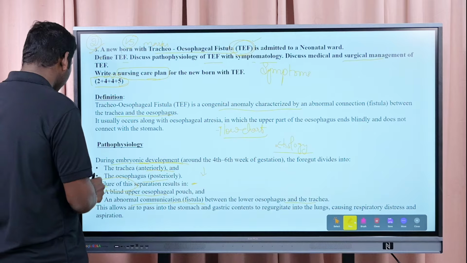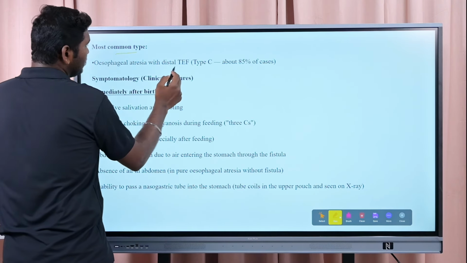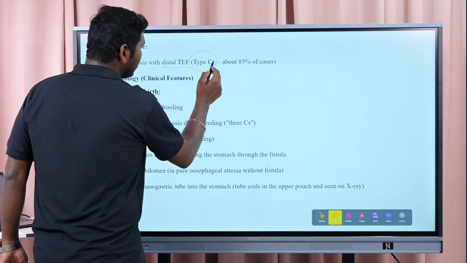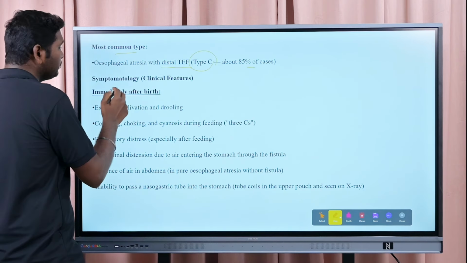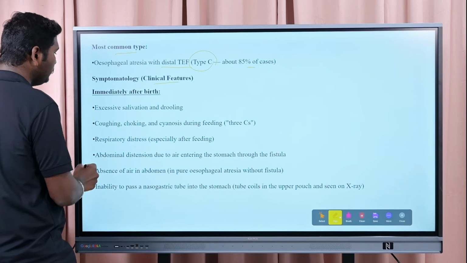And next, this is the pathophysiology. There are multiple types of TEF, and among them, type C is the most common one. The second part is the symptomology along with the pathophysiology. What are the symptoms?